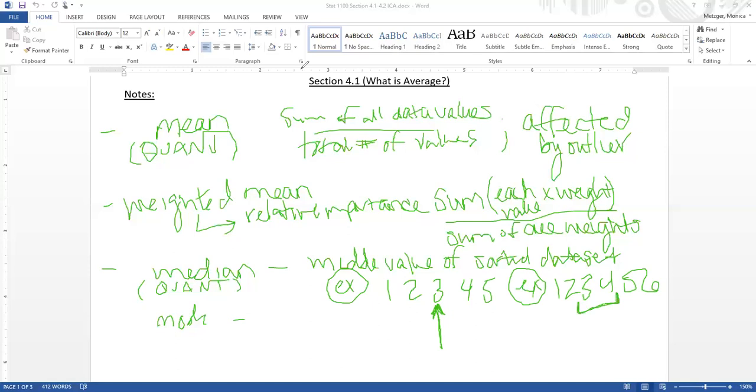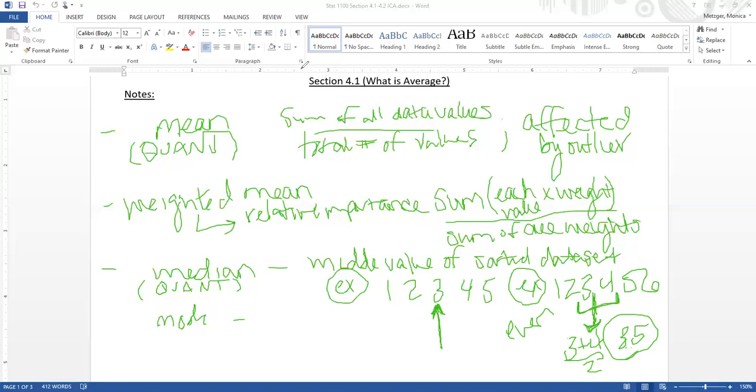There is only one middle value. So whenever I'm looking at an even number of values in that data set, I need to look for whatever value is between those two values. So here, we would take 3 plus 4 divided by 2, and we would have a median of 3.5.